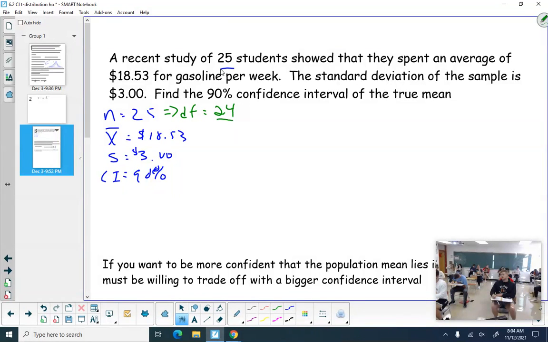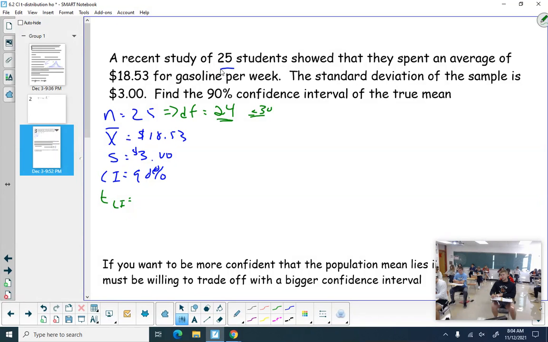We have 24 there. We have a sample size of 25, which is smaller than 30, so we have to look at a degree of freedom. Our degree of freedom is 24. So let's look for the t-value for that confidence interval.